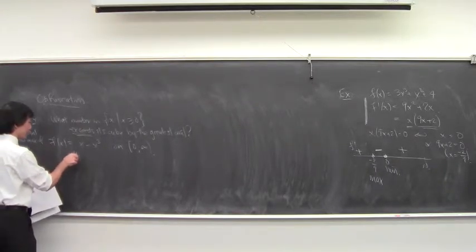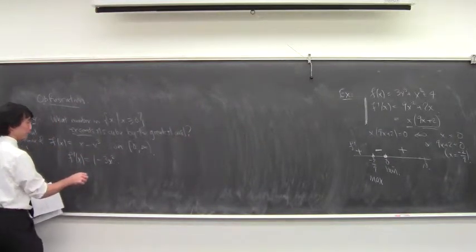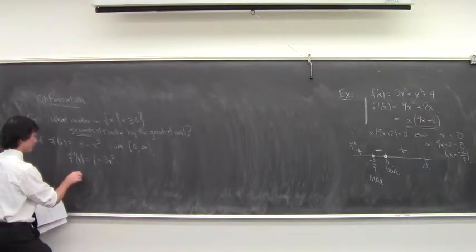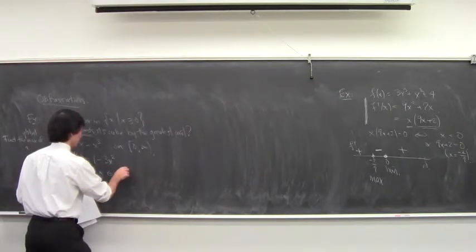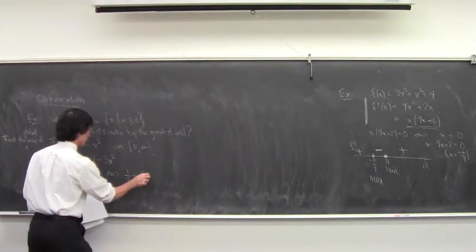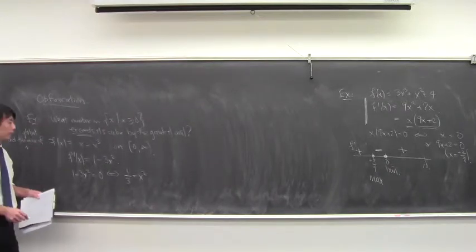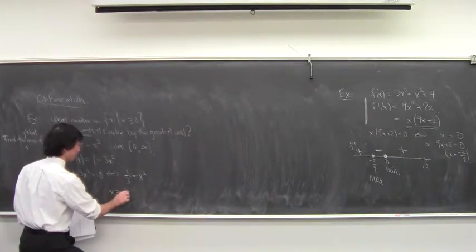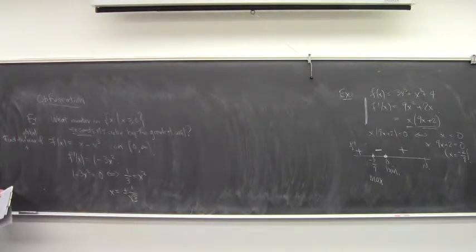Take the derivative. f prime is going to be 1 minus 3x squared. I set that equal to 0. 1 minus 3x squared equals 0 means that 1/3 is x squared, and so the zeros occur at plus or minus the square root of 1/3.